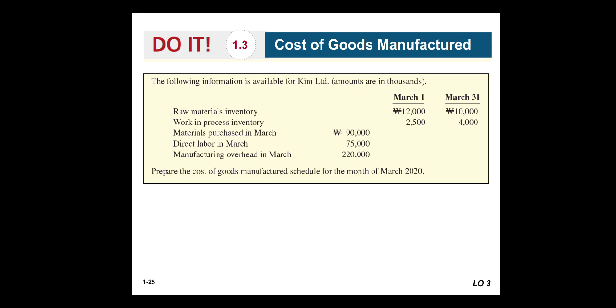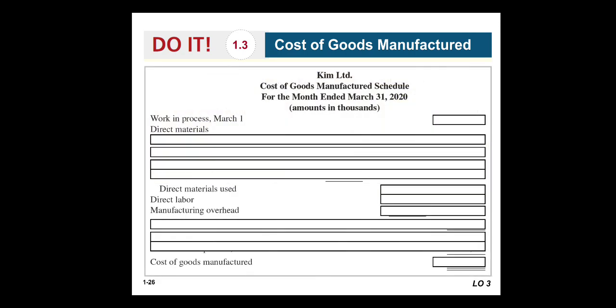So the question asks you to prepare the cost of goods manufactured schedule for the month of March 2020. So how to prepare that schedule? You can see in the previous slide the format of that schedule. Use that format to prepare the cost of goods manufactured.